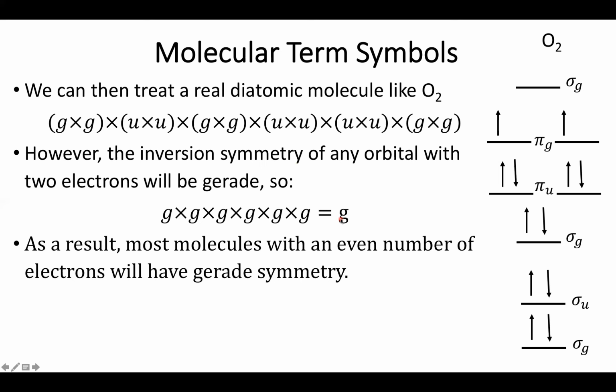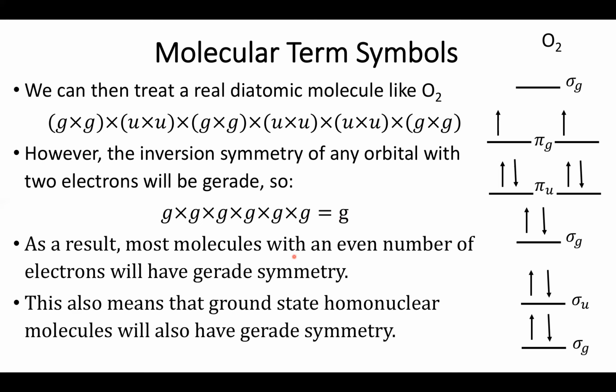And as a result, most molecules that we're going to encounter have an even number of electrons. They're going to tend to have Gerard symmetry. Now, there are some notable exceptions for excited states, but it is worth noting that these are all higher in energy and thus unstable. But you will occasionally encounter them, so keep that in mind.